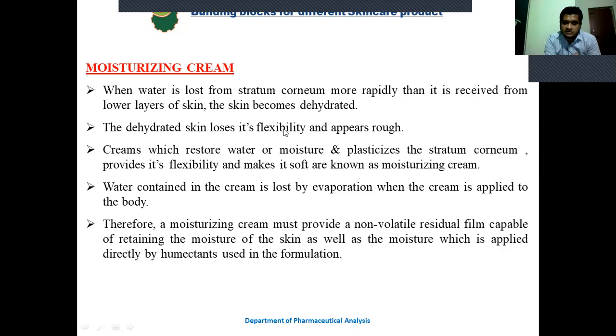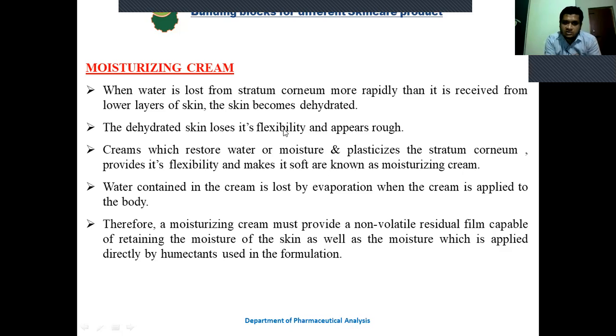The first layer of the epidermis is called the stratum corneum. Now in the dry season, the water will get lost rapidly from the stratum corneum, and whatever moisture is present in it will evaporate.